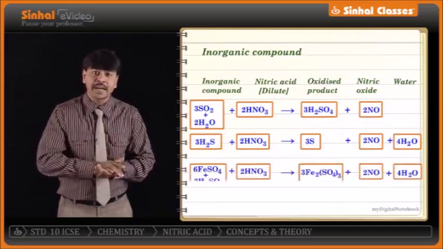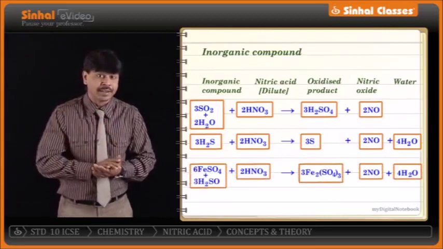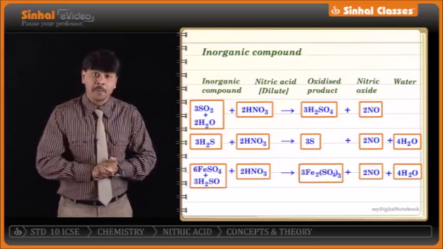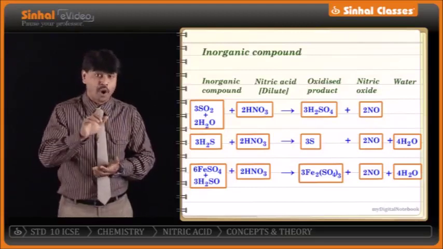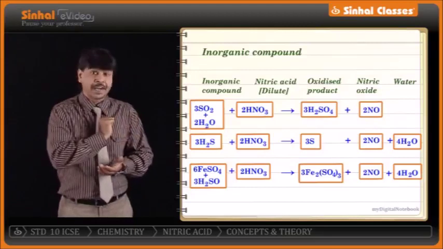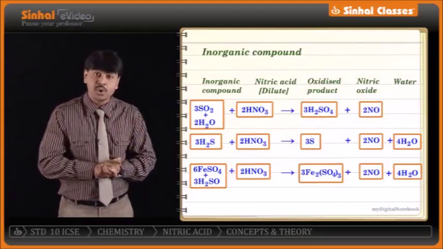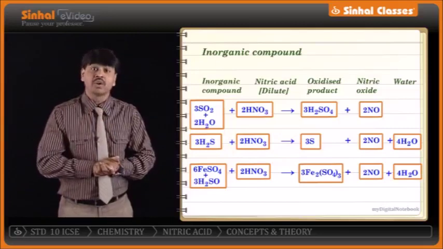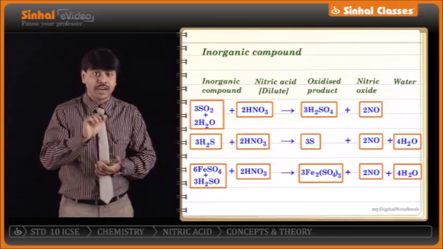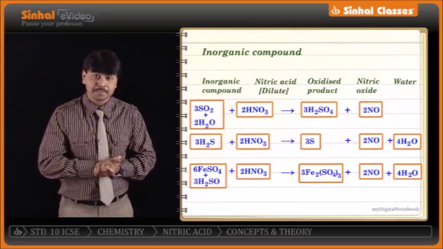What do you mean by acidified? Add acid to it. So FeSO4 along with H2SO4 and nitric acid, HNO3, will form ferric sulfate, Fe2(SO4)3, along with water and NO. Don't forget to balance the equation.